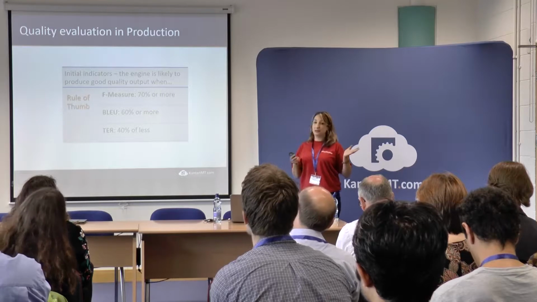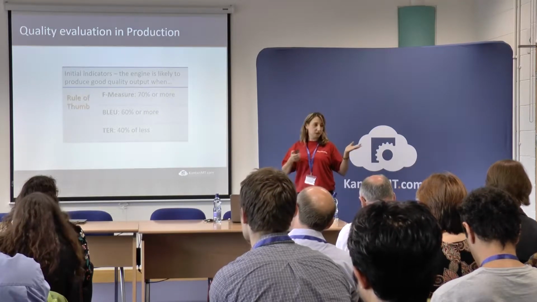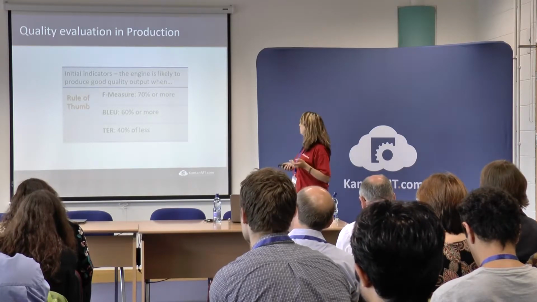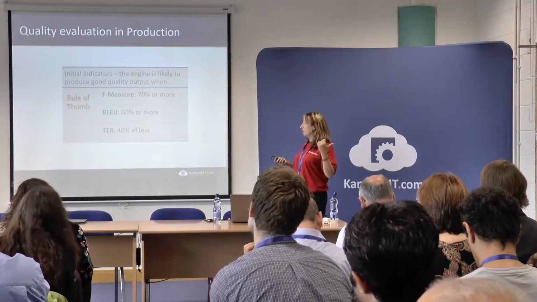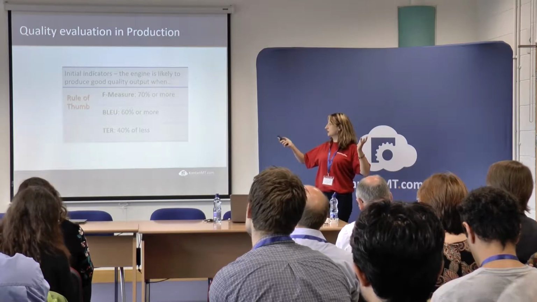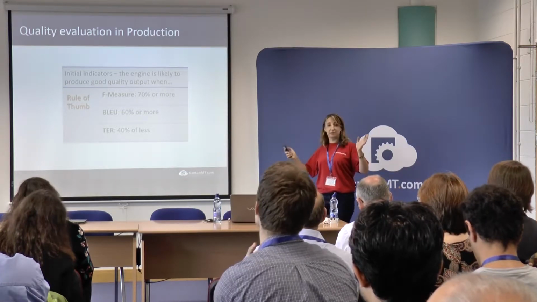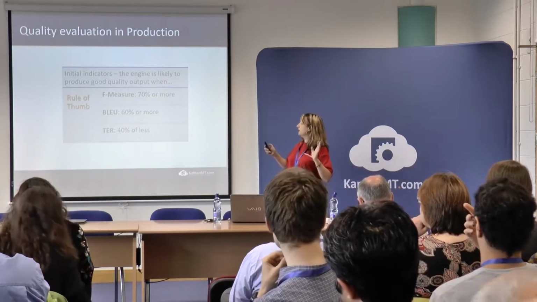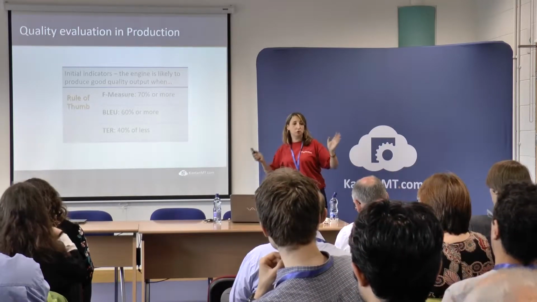If we talk about SMT, the previous machine translation technology, the rule of thumb is always F-measure should be 70% or more, BLEU should be 60% or more, TER should be 40% or less. I'm not going to go into the details, but if anybody wants more information, we can talk about it.